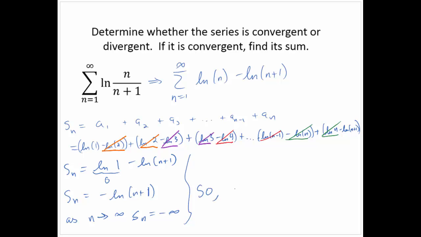So the series diverges. If we had been able to find that S sub n approached a specific number as n approached infinity, we would have been able to say that the series converged. But we can't say that in this case. All right, that concludes this presentation.